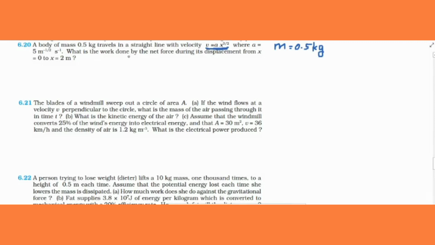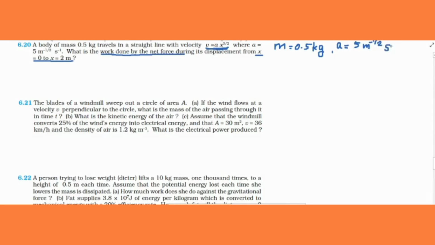Then what is the work done by net force during the displacement from x equal to 0 to x equal to 2 meter? Okay, so value of a is given. a is equal to 5 meter raised to minus 1 by 2.